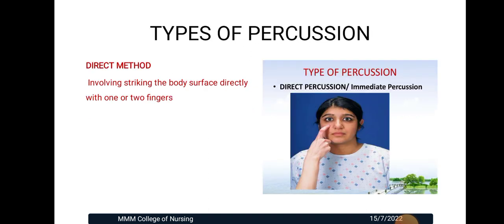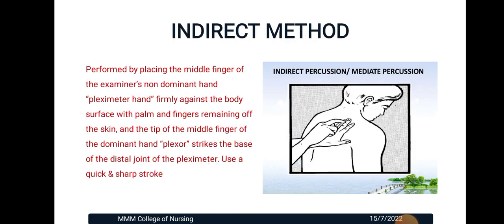Coming to the types of percussion. The direct method involves striking the body surface directly with one or two fingers. Coming to the indirect method, performed by placing the middle finger of the examiner's non-dominant hand, the pleximeter, firmly against the body surface with the palm and fingers remaining off the skin, and the tip of the middle finger of the dominant hand, the plexor, strikes the base of the distal joint of the pleximeter.